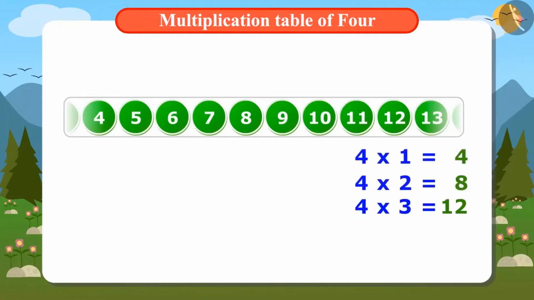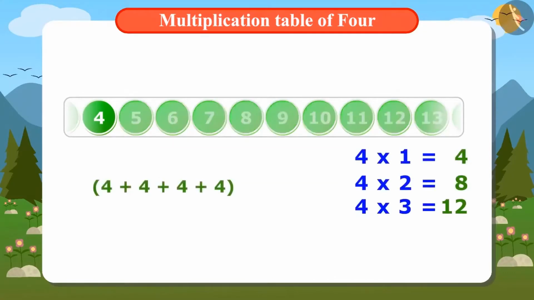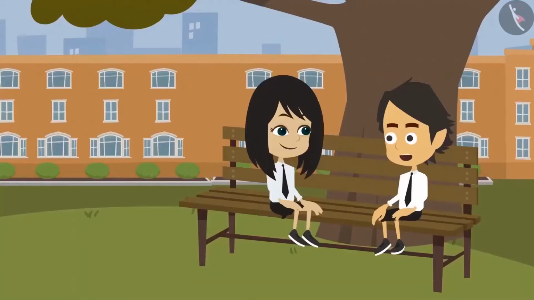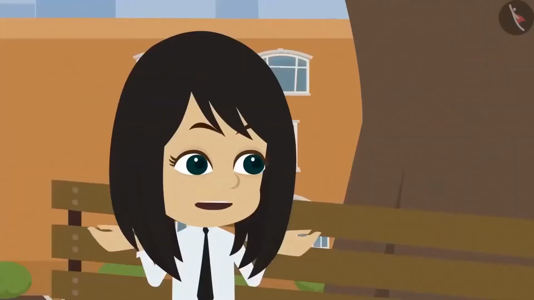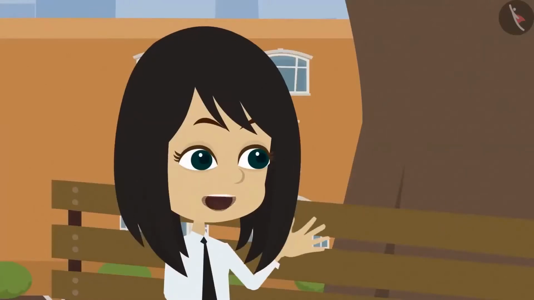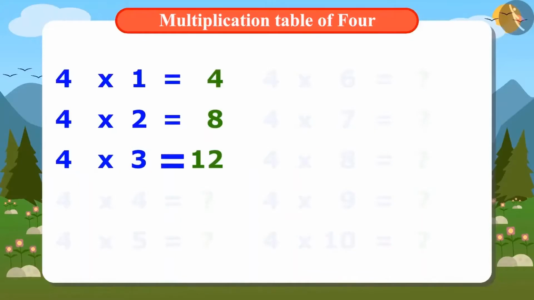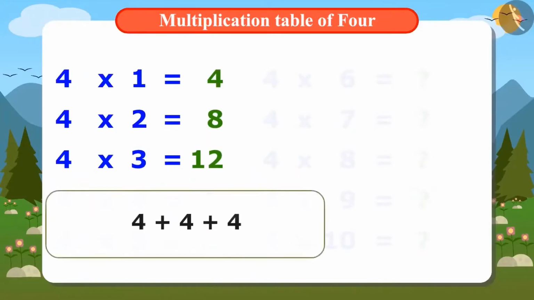Now to find out the next number, we will add 4 times. Wait Neha, I don't think we need to add 4 times. Then how do we find out what 4 times 4 is? Look, to find out 4 times 3, we have added 4 3 times, whose answer is 12.